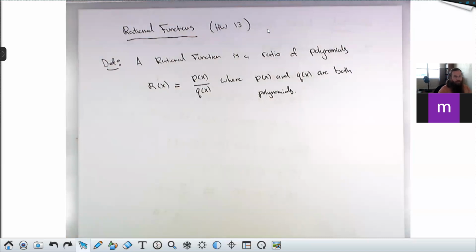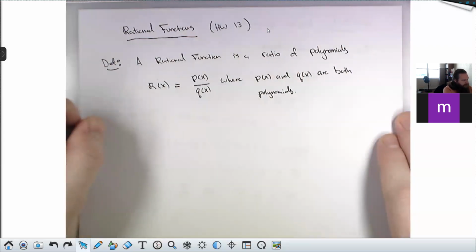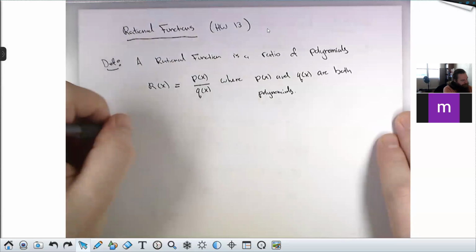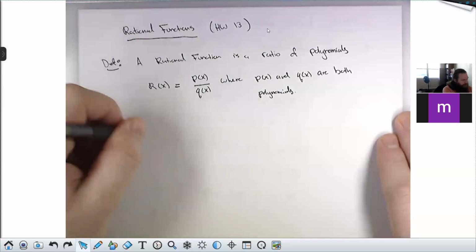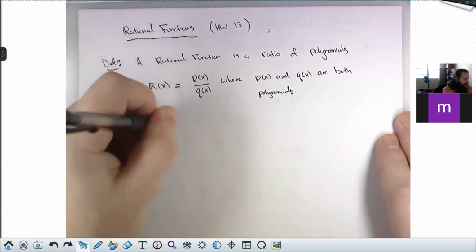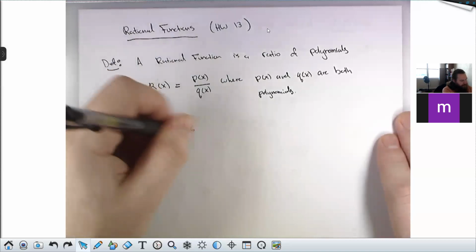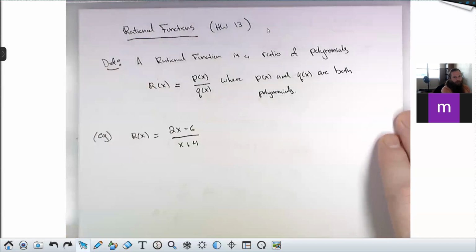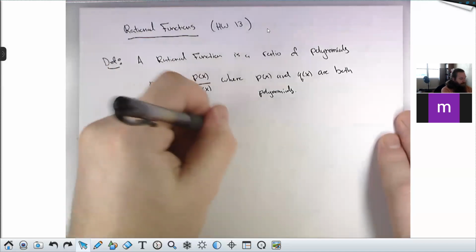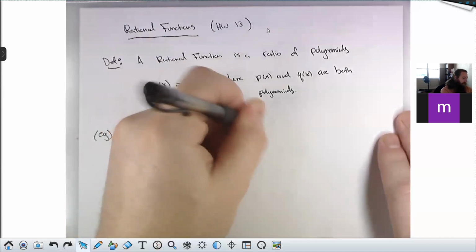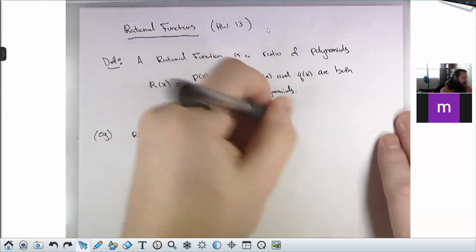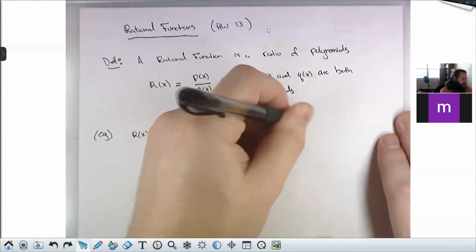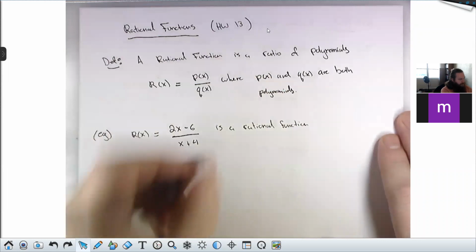And this opens the window to a lot of things. Kind of the simplest sort of rational functions you'll see look like this. Stuff like 2x minus 6 over x plus 4. This is a rational function. And if you're not sure, the thing to do is to check, well, what's the top and what's the bottom?